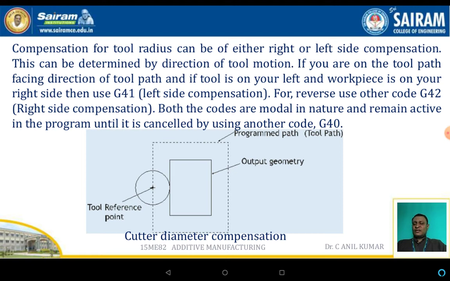Then the code to be used is G41. For the reverse, we use G42. Both codes are modal in nature and remain active in the program until they are cancelled by using another code, which is G40.